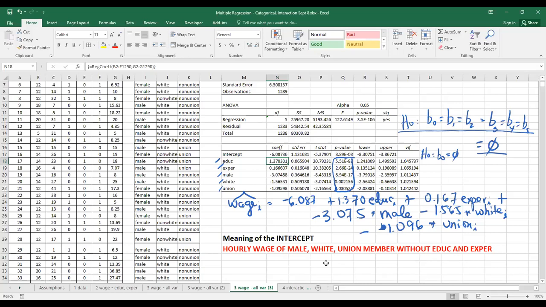Ceteris paribus. Okay, that's correct. How about sa experience? For every 1 year increase in experience, there's a corresponding $0.167 increase in hourly wage. Tama, guys?